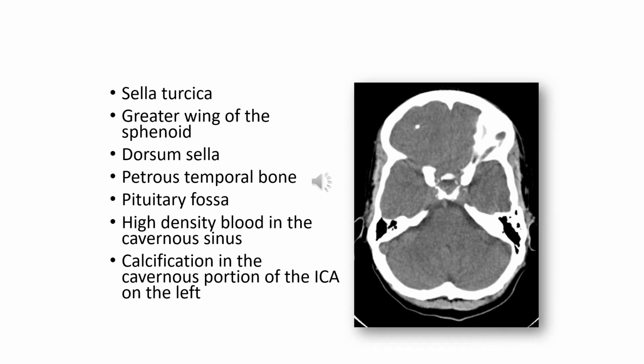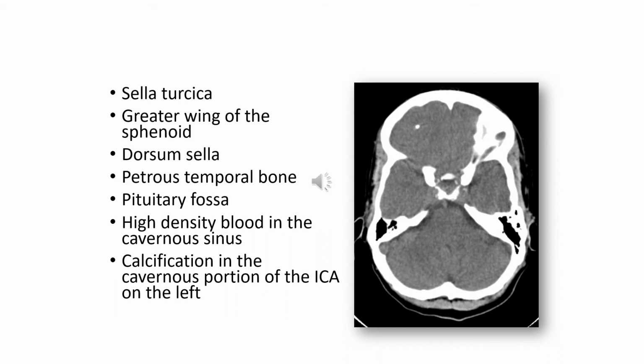These collections of bony shapes are what are going to allow the formation of the pituitary fossa containing the pituitary gland. Laterally, around the sella turcica and laterally to the dorsum sellae, we see the high density blood within the cavernous sinus, and in the second magnification this is shown by the light blue arrows.